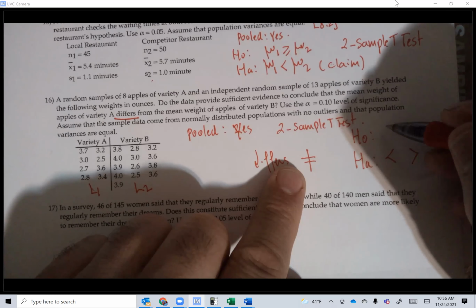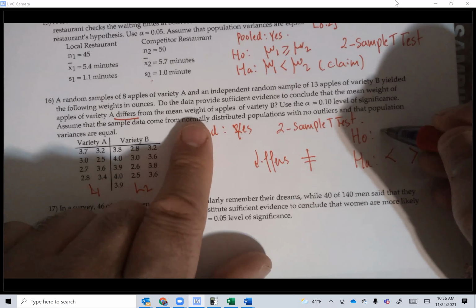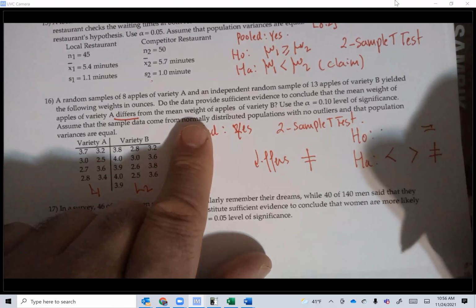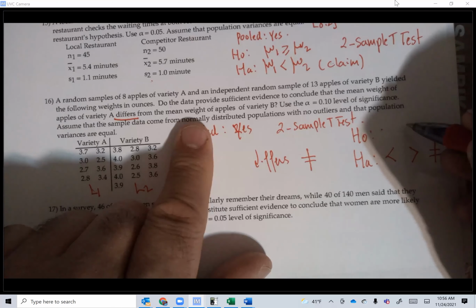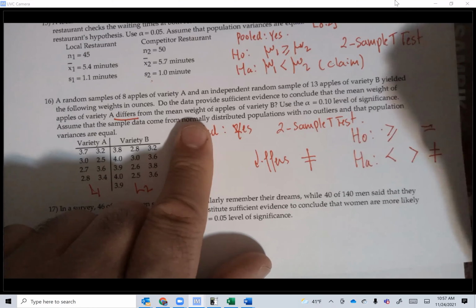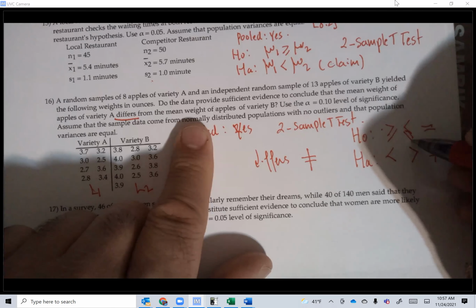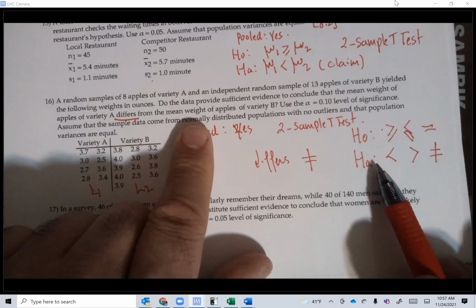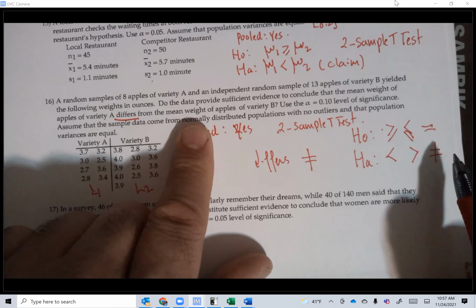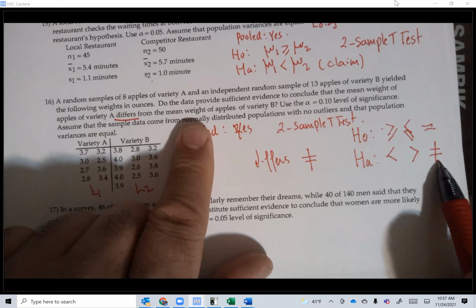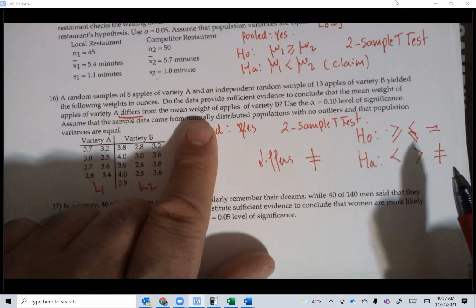If I say test that they are equal, then the claim will be in H0. If I say at least, then the claim will be in H0. If I say at most, then the claim will be in H0. But if it says more than, less than, or not equal to, or different from, then the claim is in HA. Good question. Thank you.